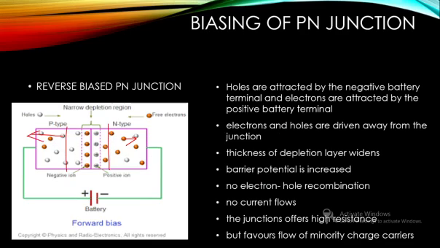Okay, as the electrons are moving away from the junction, there are more regions which are devoid of charge carriers. So correspondingly the depletion layer will increase, the barrier potential will increase, there is no electron hole recombination, that means no current flow, and the junction is offering high resistance. But still, you can find a very small current.